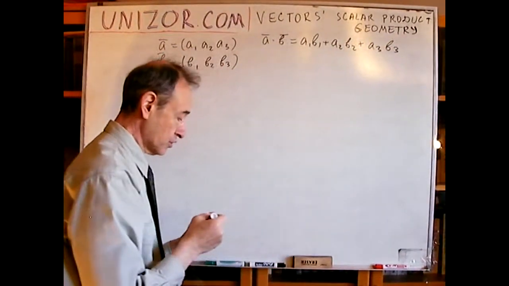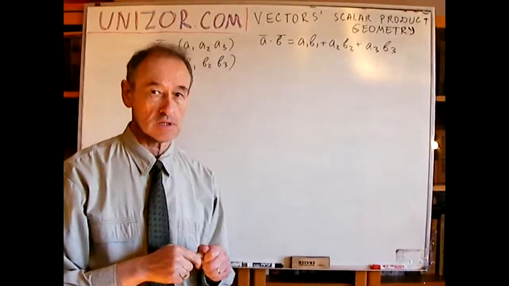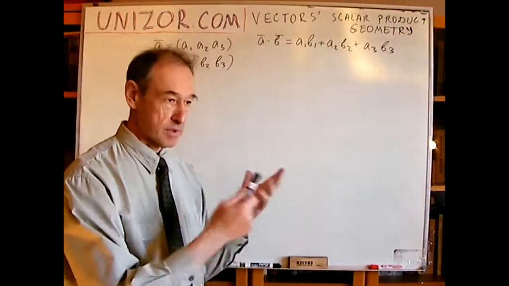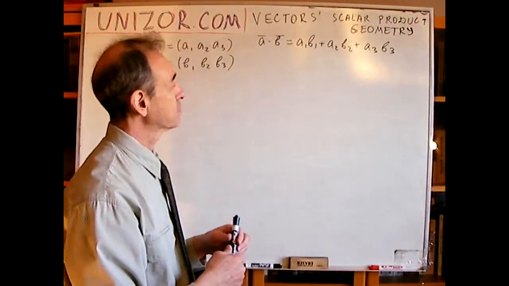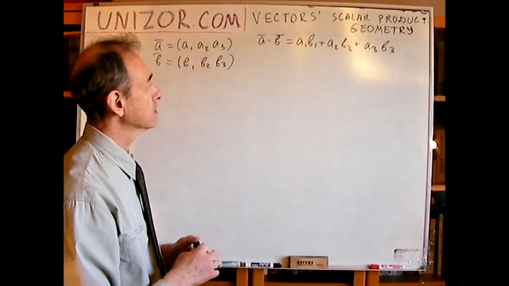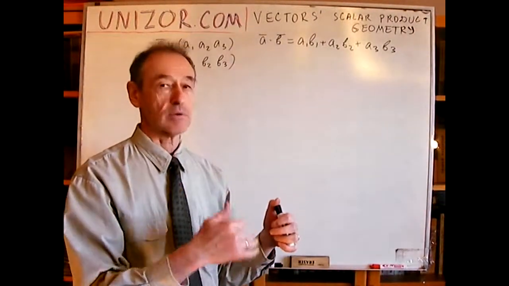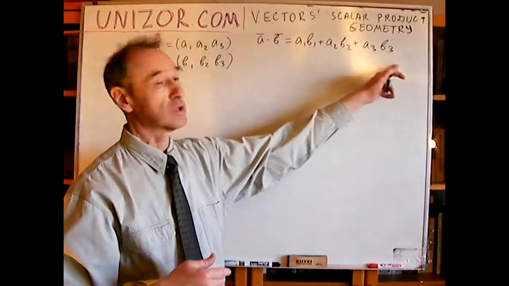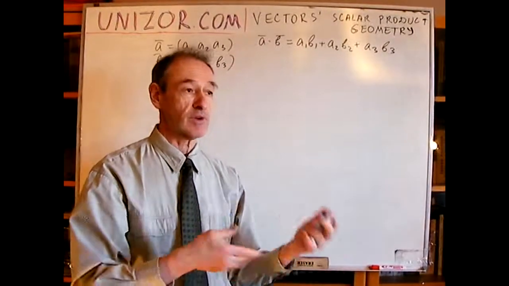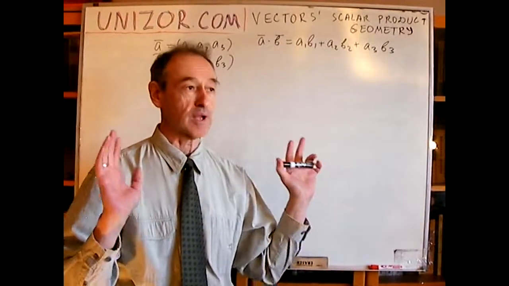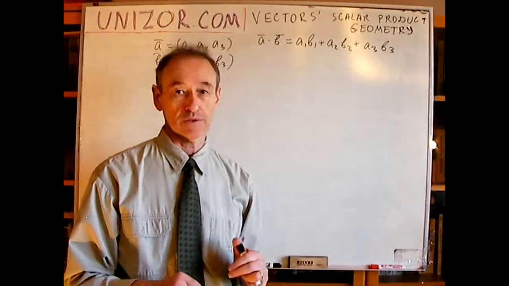So I will choose certain physical or geometric characteristics of the two vectors. Obviously there are lengths and some angles. I need more angles in this particular case because it's a three-dimensional space. And I will use these physical characteristics of the vectors to express all the coordinates, put it in a formula, and see if whatever is necessary will be just reduced, and I will have only the product of these two lengths and the cosine of the angle between them.